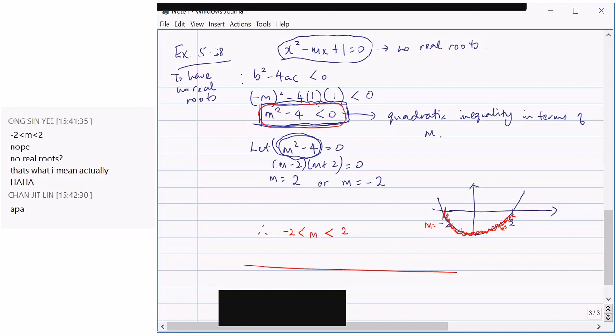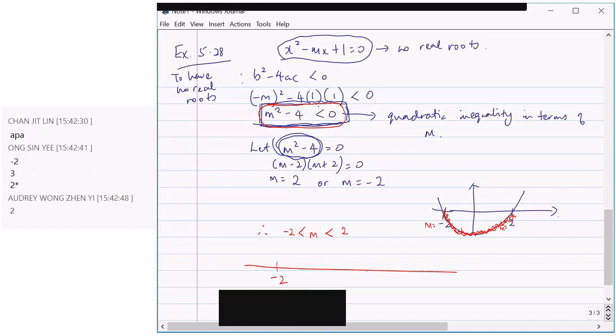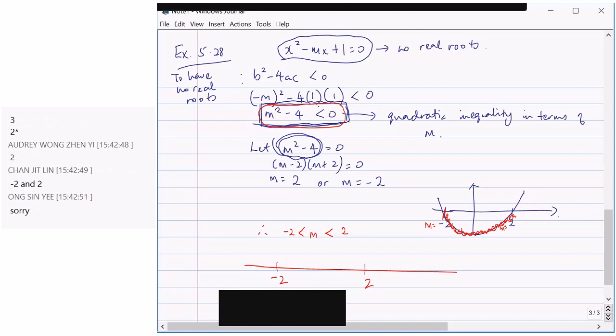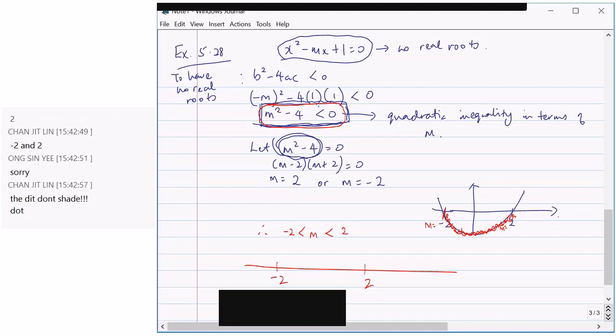What are the two important numbers? Minus 2 is one. Next one? 2. Okay. So, I want between minus 2 and 2, hollow circle or solid circle? Hollow. Don't shade the circles. Nice. So shade all the way between this and this.